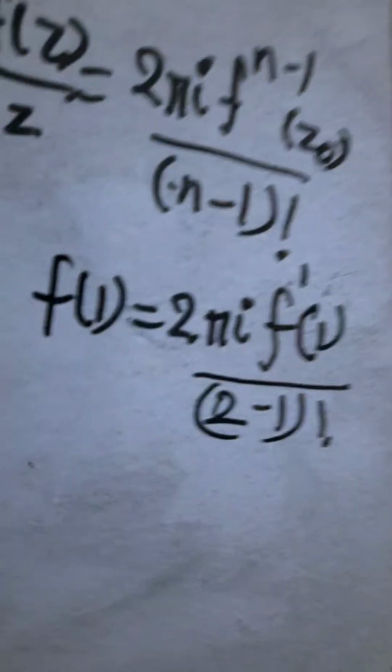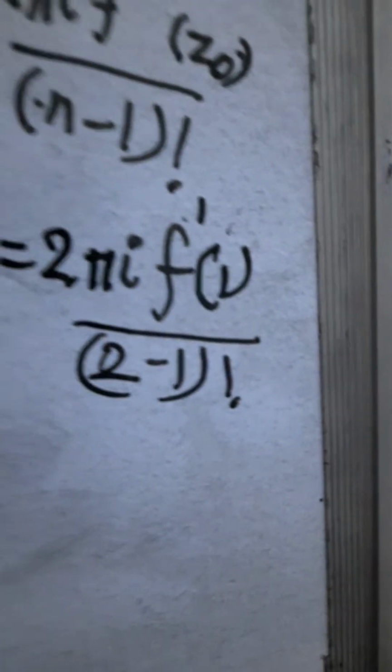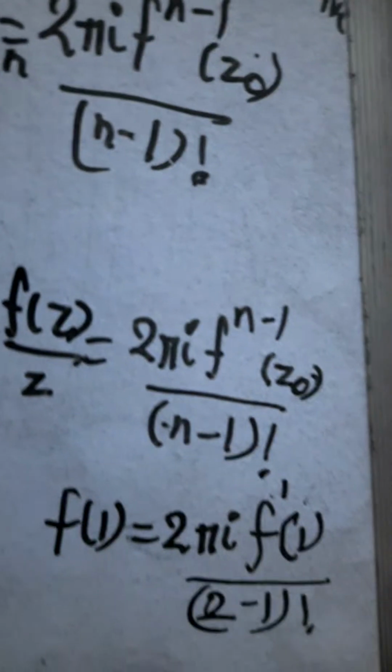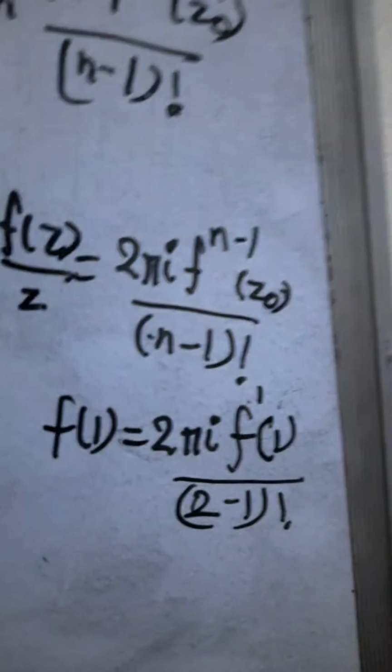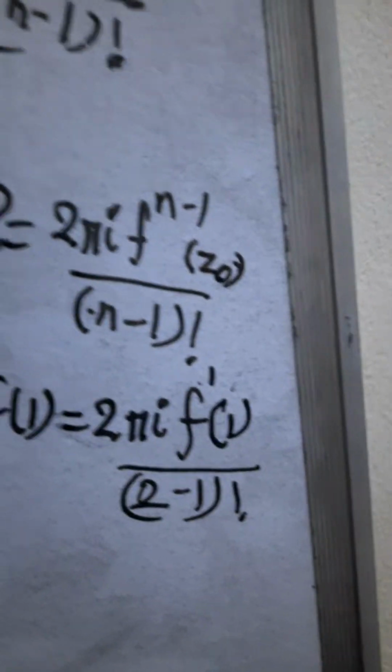Okay, n is 2, no? So n minus 1, 2 minus 1 whole factorial, 2 pi I, f derivative of 1, because 1 is z naught. So here it is z naught, we put 1, f raised to n minus 1.